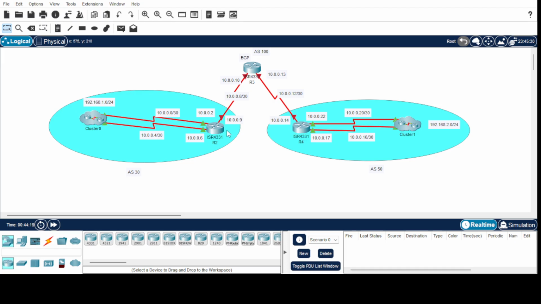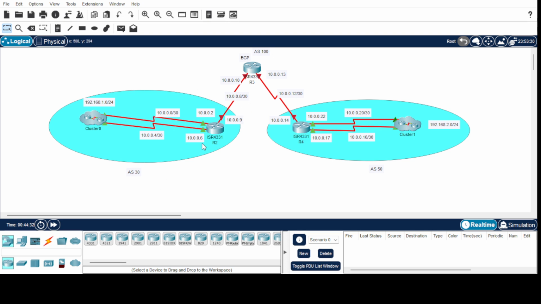So in the edge router there were only two routing protocols: one is its internal routing protocol, whether EIGRP or OSPF, and the other is BGP.